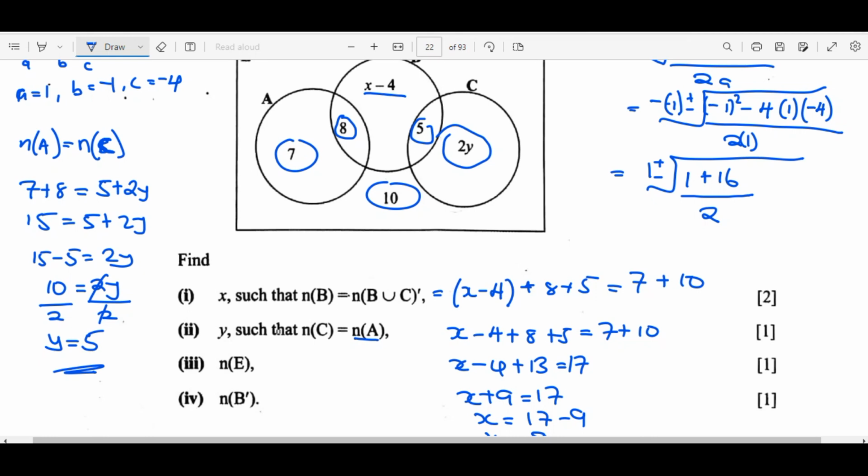The universal set. So we are looking at the universal set now. The universal set is everything.